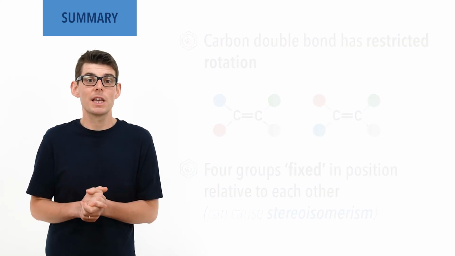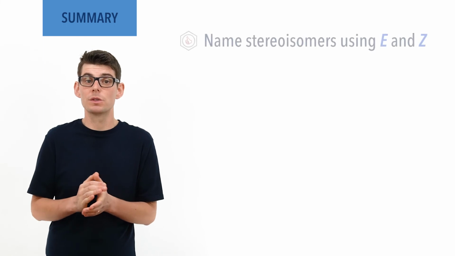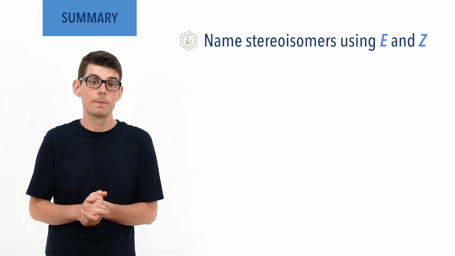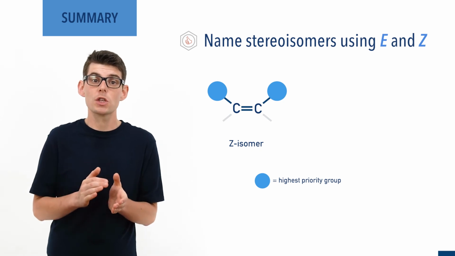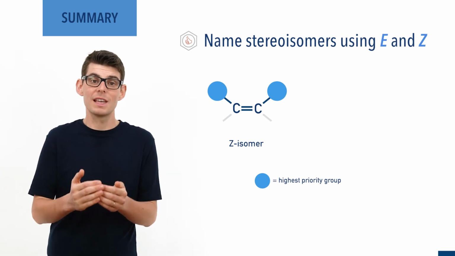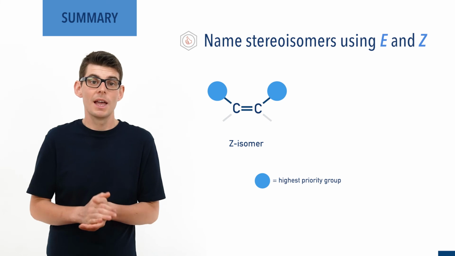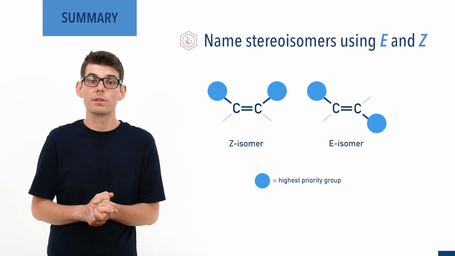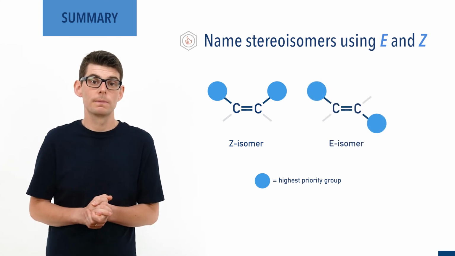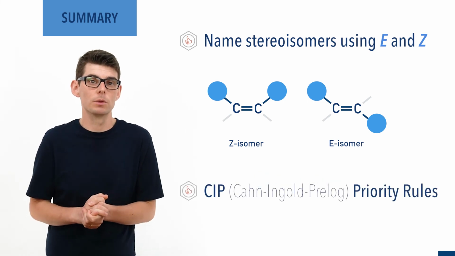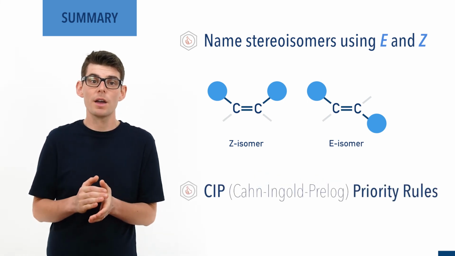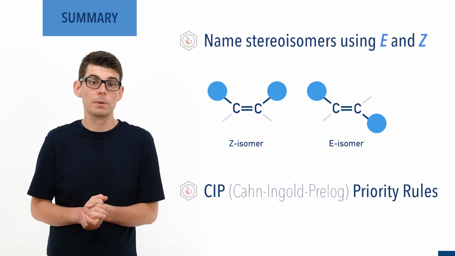E and Z notation is used to name the two stereoisomers of an alkene. Z isomers have the highest priority group bonded to each carbon from the double bond on the same side of the double bond, and E isomers have the highest priority groups on opposite sides. Cahn-Ingold-Prelog, or CIP priority rules, are used to assign the highest priority groups on each carbon.